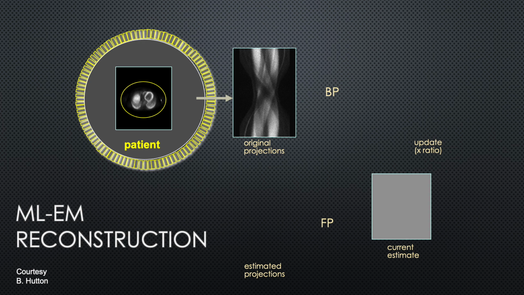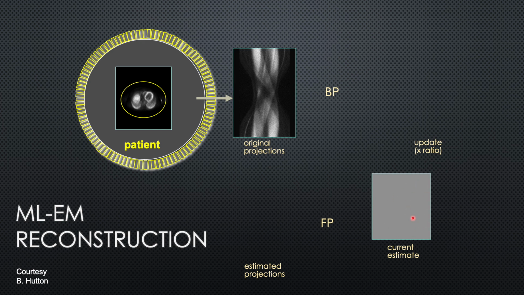So let's look at how these iterative reconstruction methods work. And I want to acknowledge Brian Hutton, my old professor who lent me this slide. So we have our patient, which we see on the left here. Let me put my pointer on again. So here's our patient. And from the patient, we'll get a number of projections. So what do we do in iterative reconstruction? Well, first of all, we make an estimate.